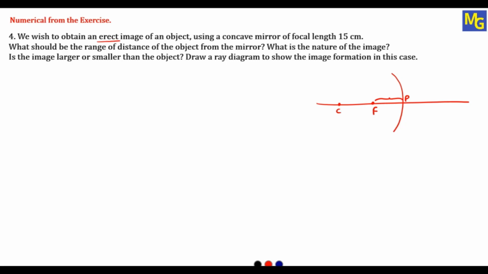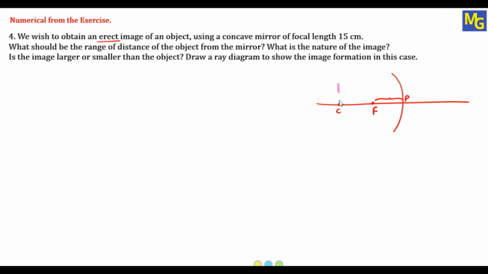Now if I keep my object somewhere here at infinity, I am going to get my image at focus, and it will be of point size. Now I will keep my object behind the center of curvature, then I am going to get my image between C and F, on the below side, that is again inverted.